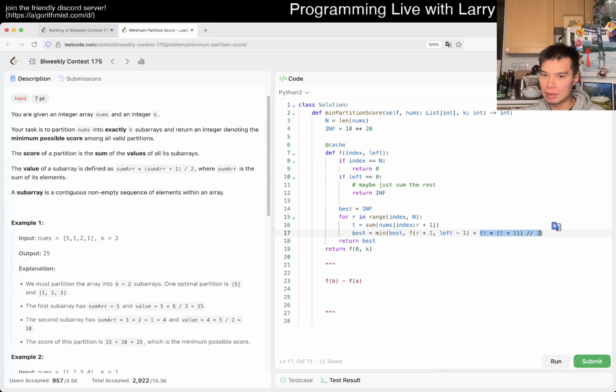So we can minimize this previous row, but this part, how?